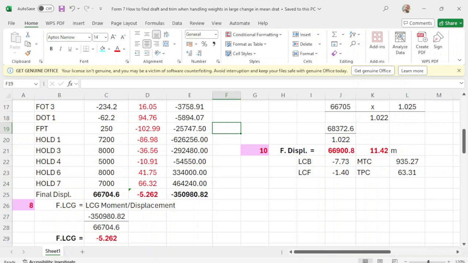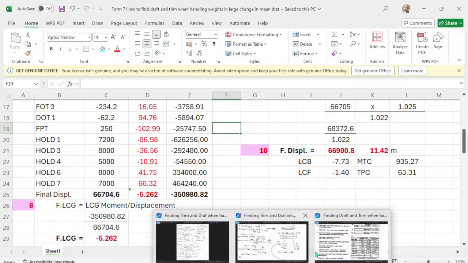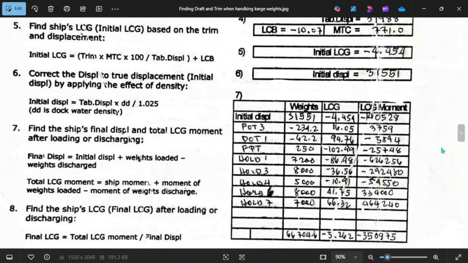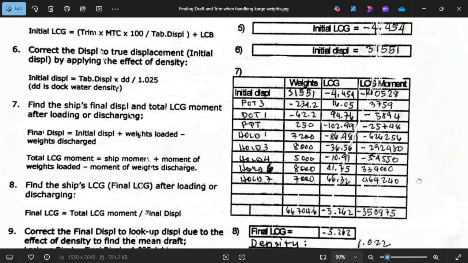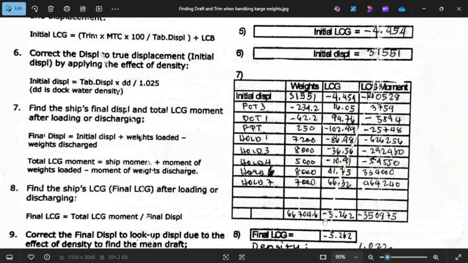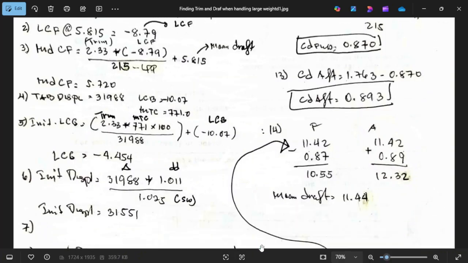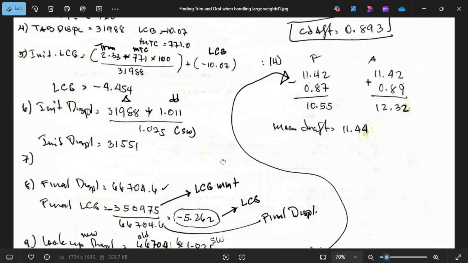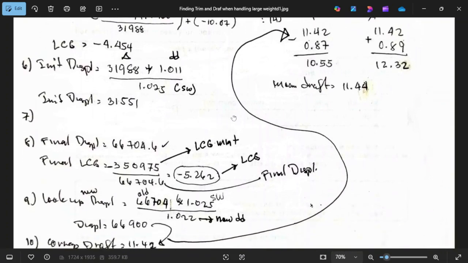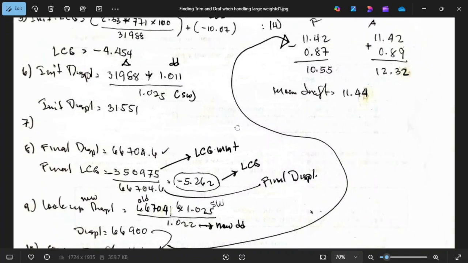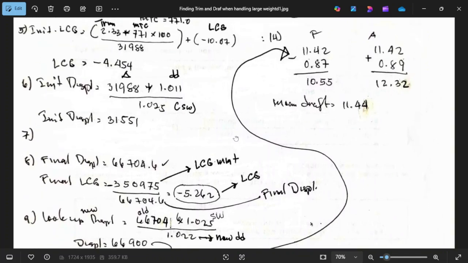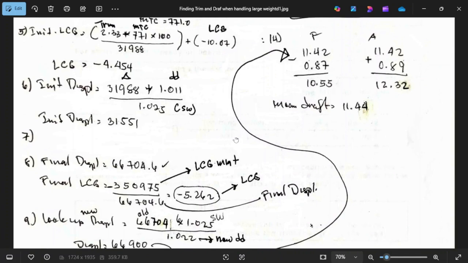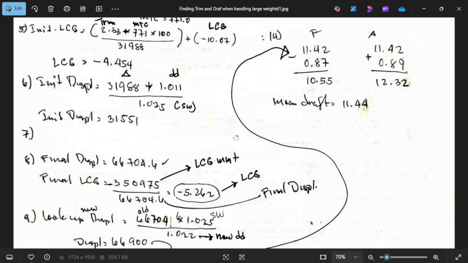Okay, then let's check this one. So we have now the final LCG of negative 5262. What number are we?